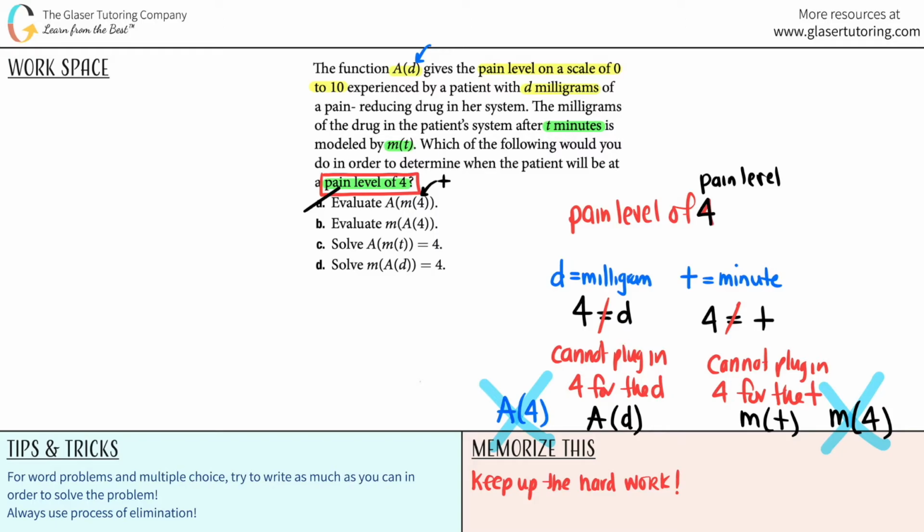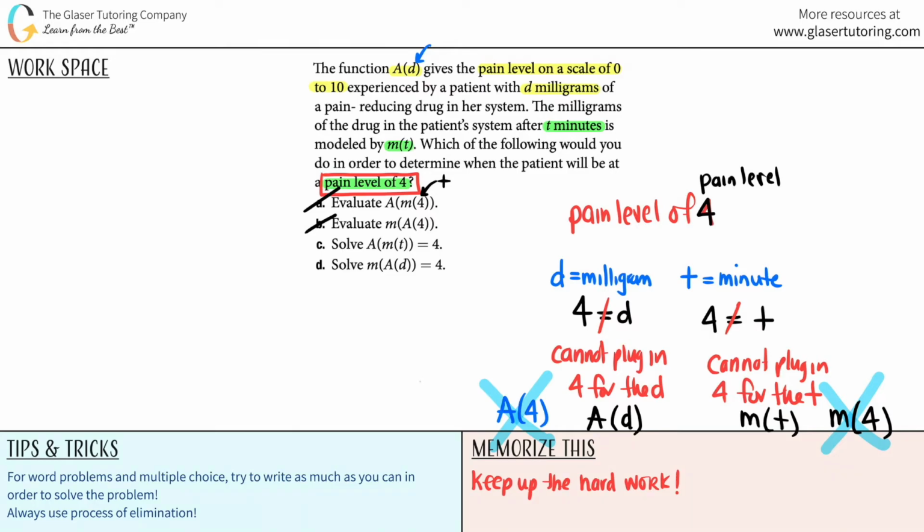Look at B. It's A of 4. And what was in there? According to the A function, a D goes in there. But we already established that A of 4 does not work. So B's out. The first one is out because this does not make sense, and the second one is out because this part doesn't make sense. So now we're down to C and D.